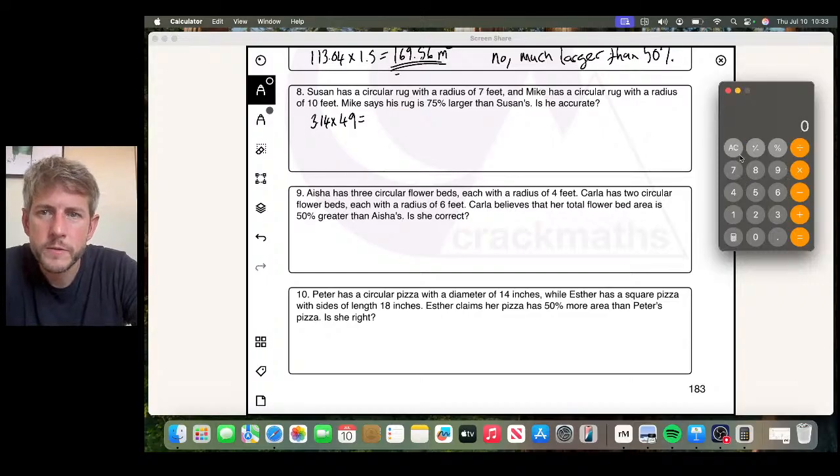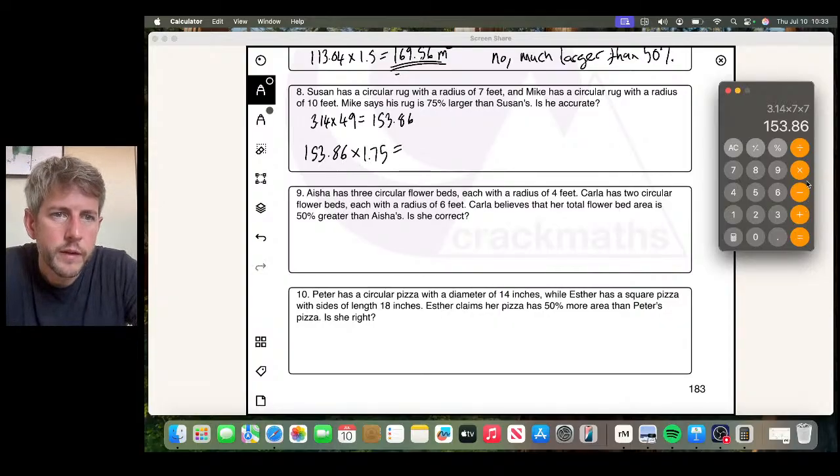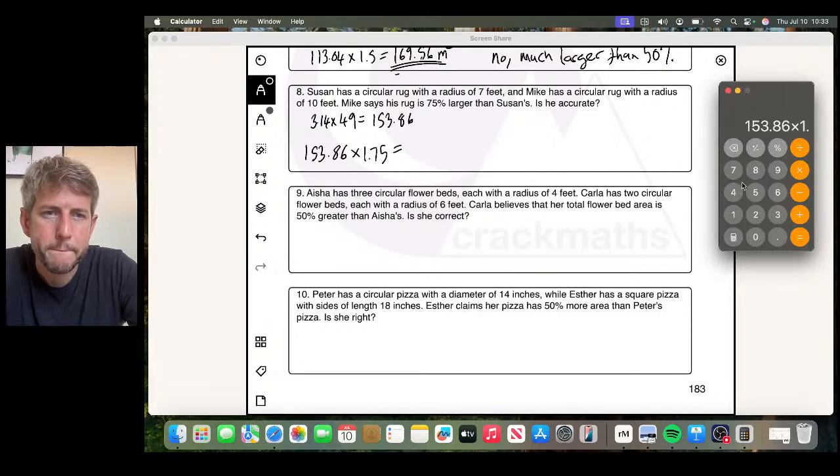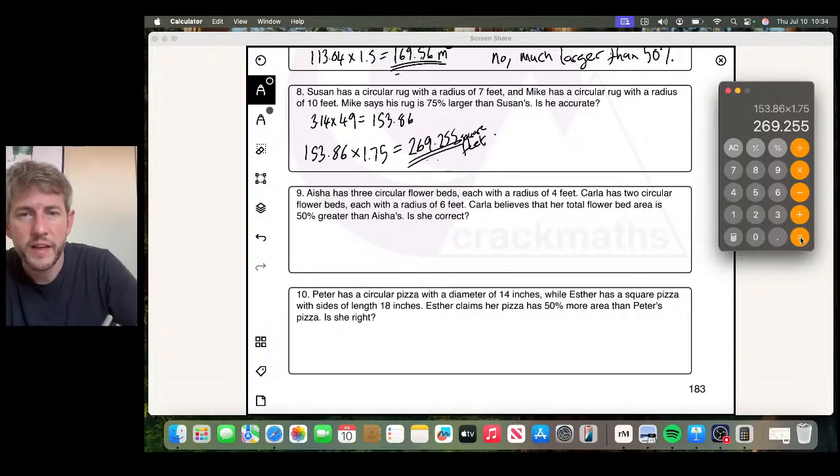So 3.14 times 7 equals this. Okay, so this is Susan. That's 75% larger than Susan's rug. That is a key answer there.